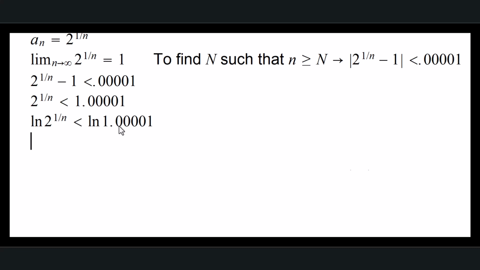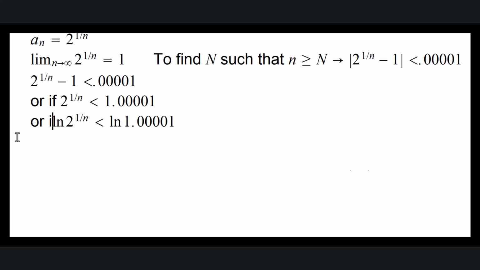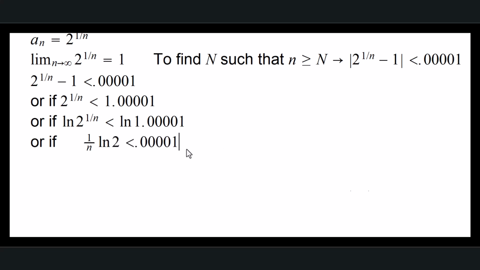We can just keep on saying our connective, like if, at every step. So once we go like this, what we got here is that 1 over n ln of 2 has to be less than 0.00001.